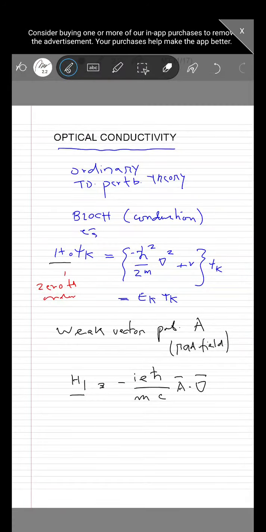Now this extra term is responsible for exciting transitions. It will cause transitions to take place.